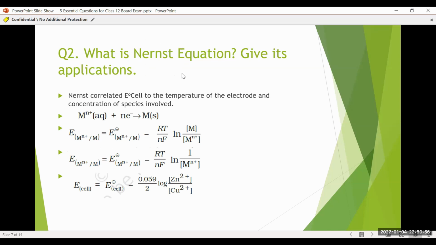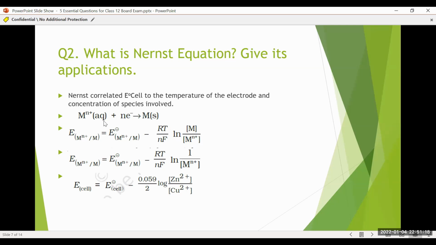You need the Nernst equation when you do not use standard condition and your concentrations are not the normal 1 molar. If there is a concentration variation, naturally it is obvious you have to go for the Nernst equation. It is very simple.